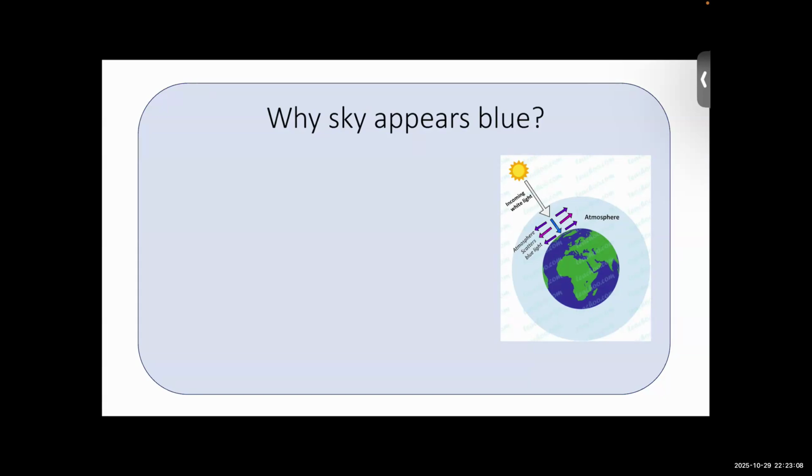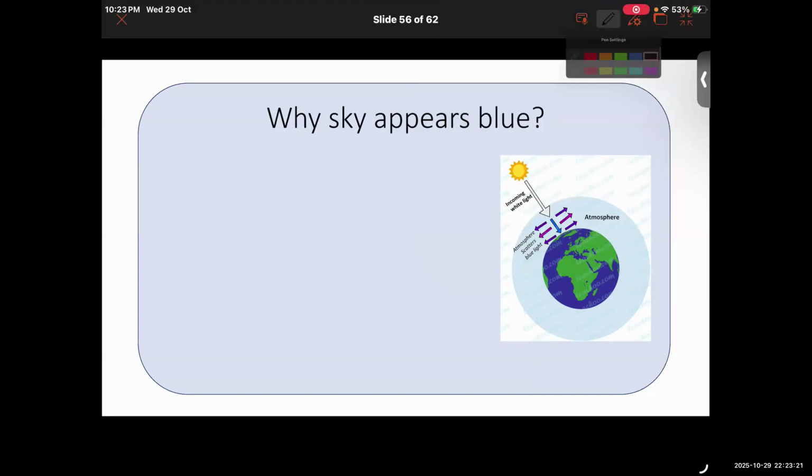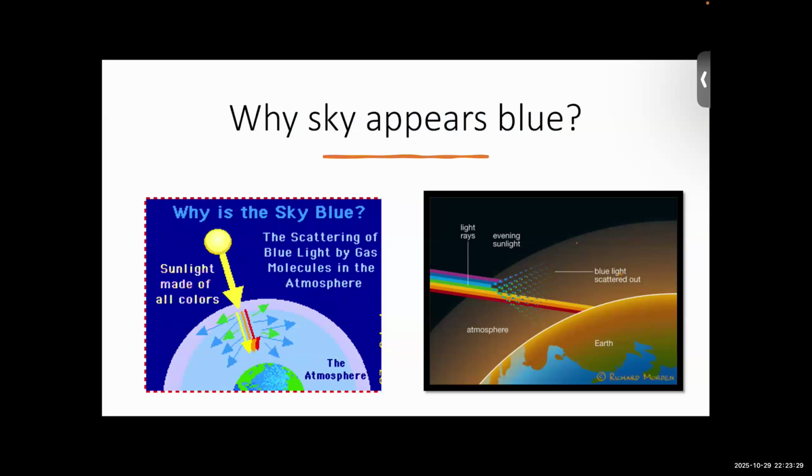See, basically, the rays of light that get scattered the most give the sky its color. Getting it? In the higher classes, you will get to know about the wavelength of the different lights. All these rays of light, violet, indigo, blue, green, yellow, orange, red, have different wavelengths, right? The blue light has a very small wavelength, so it is easily scattered by the gas molecules in the air.